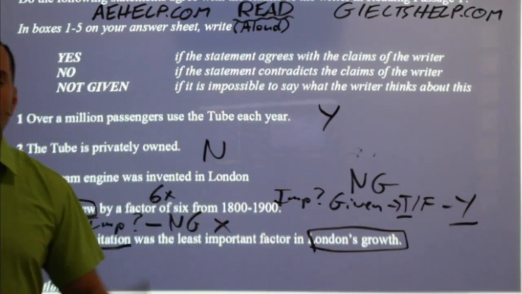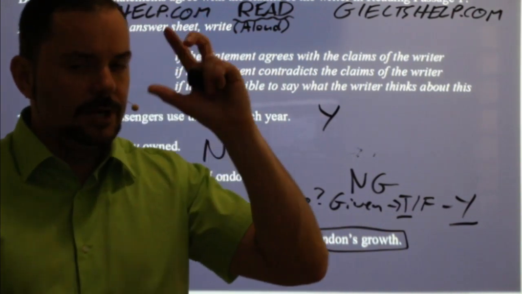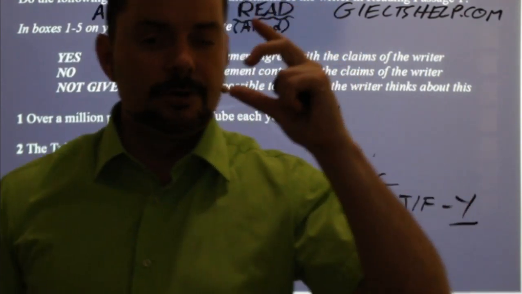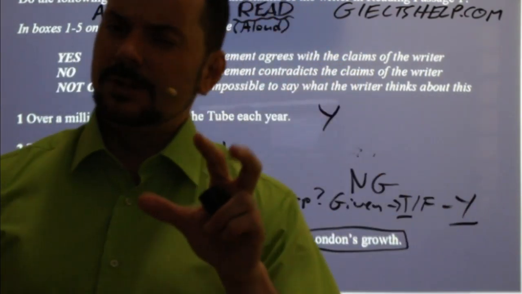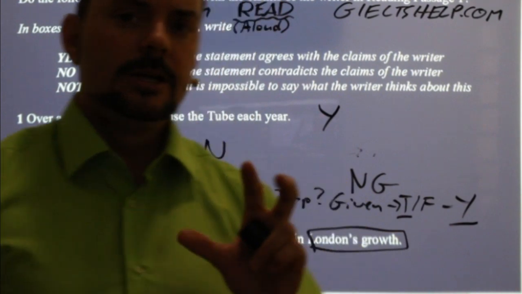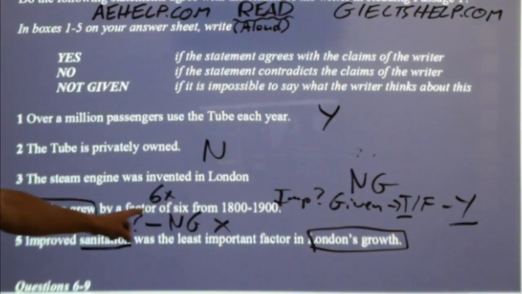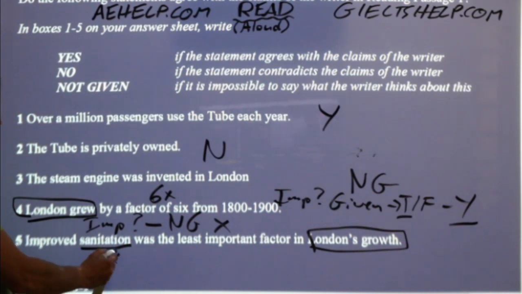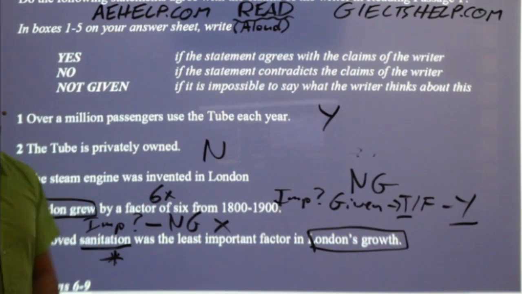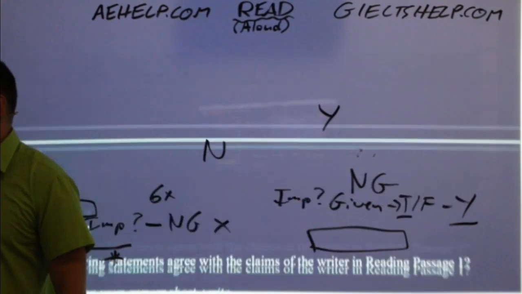Okay, so if you're very critical, a light bulb should go off and go, ooh, wait a second, something about the growth here is interesting. Both questions talking about the growth. And I did read something about sanitation. And then you'll go, okay, well, I'm gonna go back. I have a little bit of time.